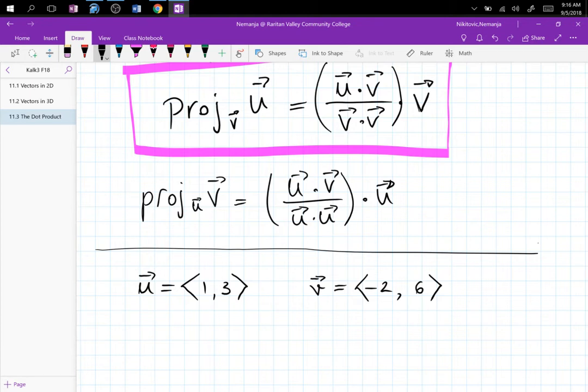So over here, this is the dot product, this is the dot product, and this is the product. It's a scalar times one. So this will be a scalar, right?